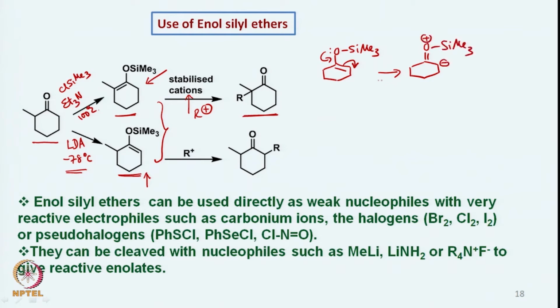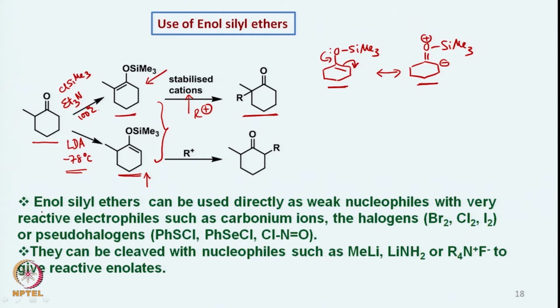So, if we look at this type of resonance structure, it is not particularly favored, this is more favored, and therefore enol silyl ethers are relatively poor nucleophiles, and they react only with strong electrophiles.